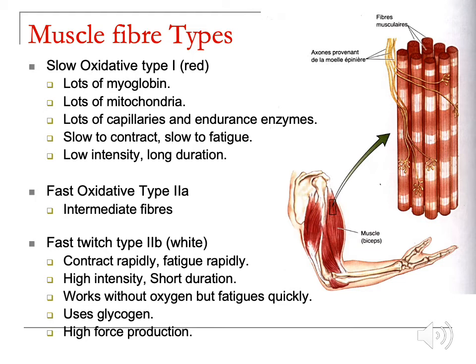In the middle, between those two ends of the spectrum, we have our fast oxidative fibers, our type 2A fibers. They're intermediate fibers in many respects. Their size is somewhere in between our type 1 and our type 2B fibers. They still have large amounts of myoglobin and good capillary supply, so they have that red appearance.